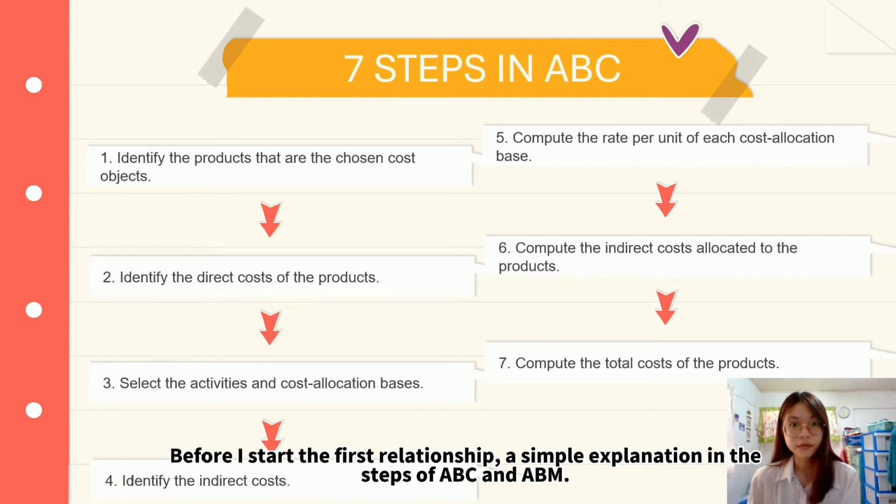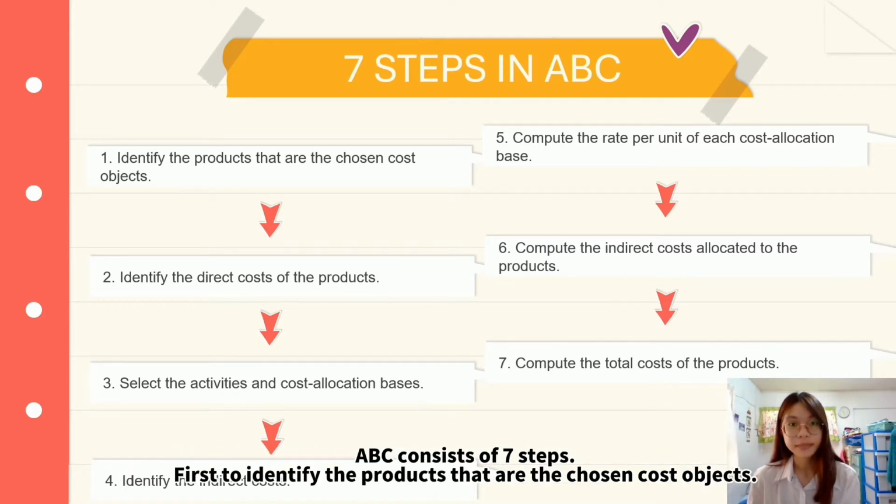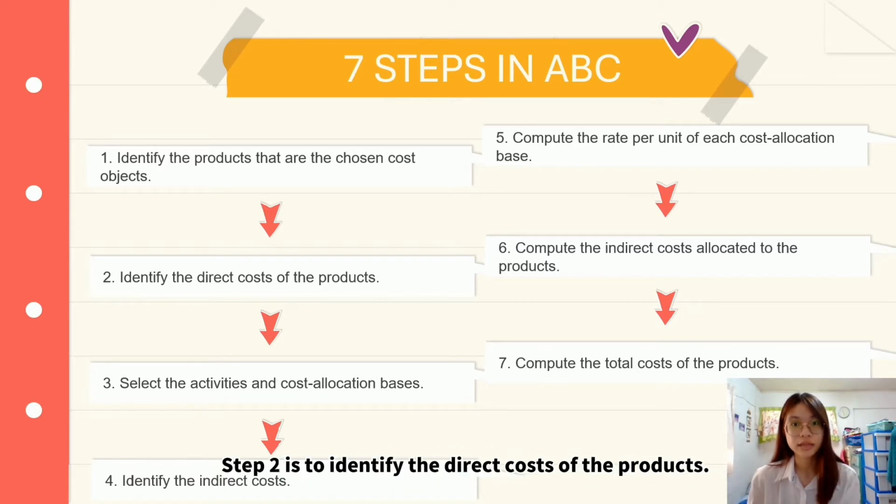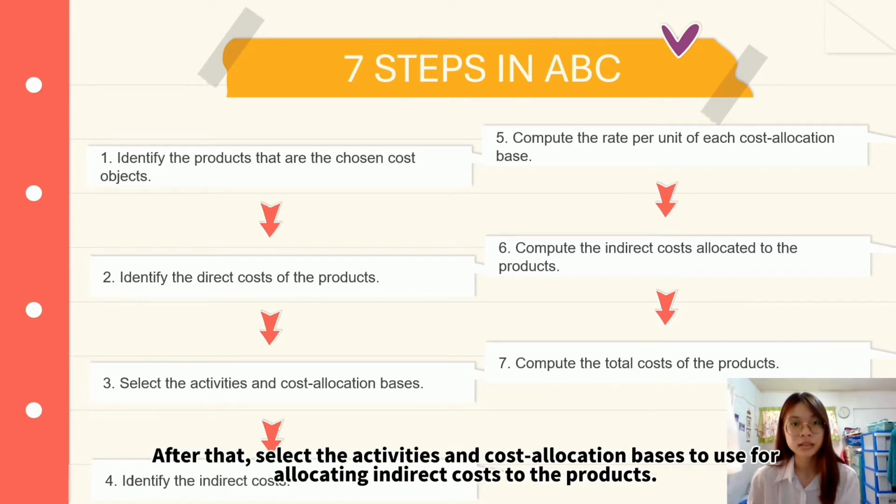Before I start the first relationship, a simple explanation in the steps of ABC and ABM. ABC consists of 7 steps. First, to identify the products that are chosen, cost objects. Step 2 is to identify the direct cost of the products. After that, select the activities and cost allocation base to use for allocating indirect costs to the products.